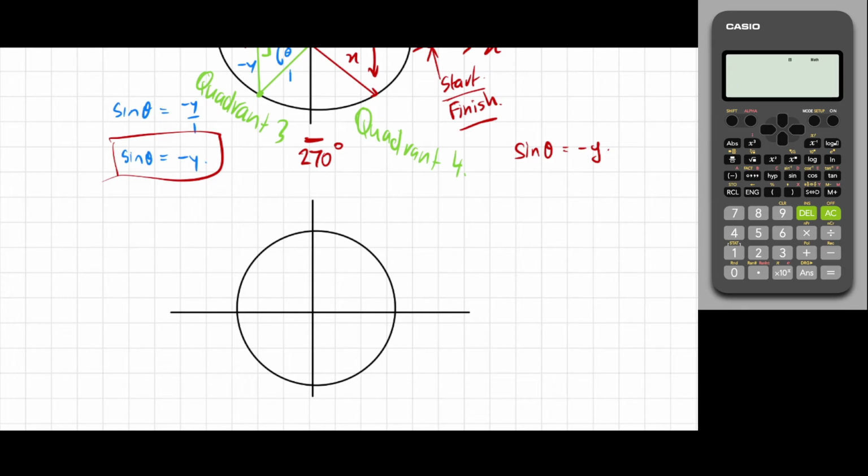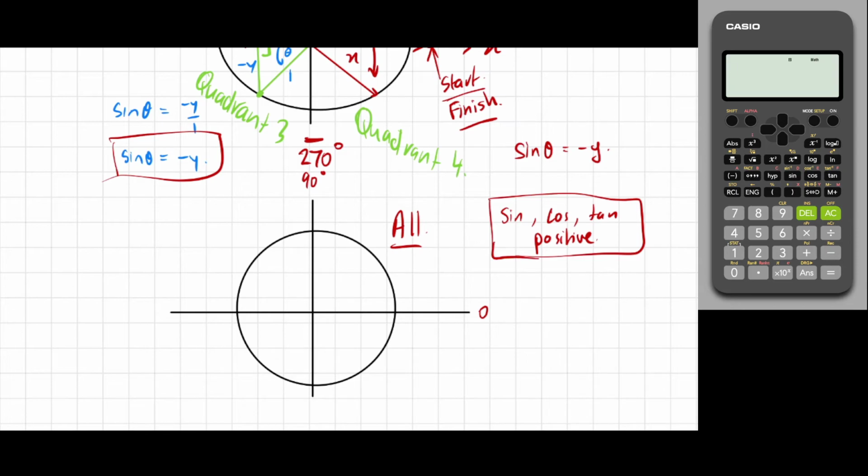So if your angle lies between 0 and 90 degrees, all of the trigonometric ratios, so sine, cos, and tan, are positive. So if I put in, say, sine of 60 degrees, I'm going to get a positive answer back.